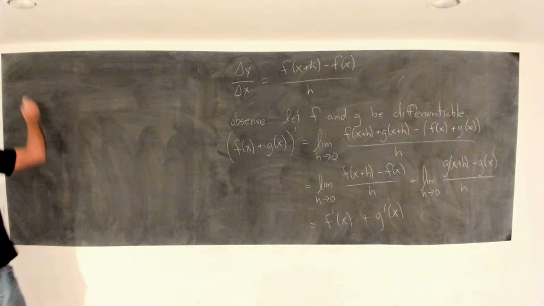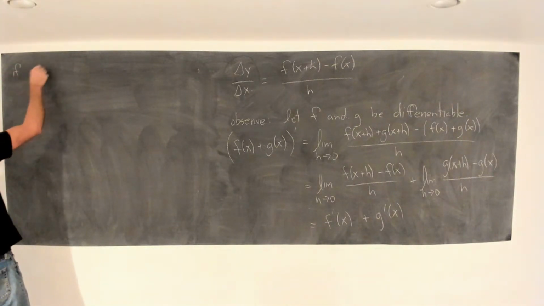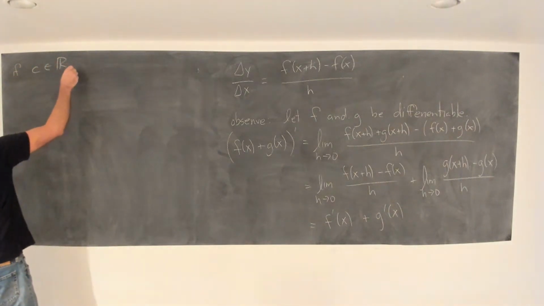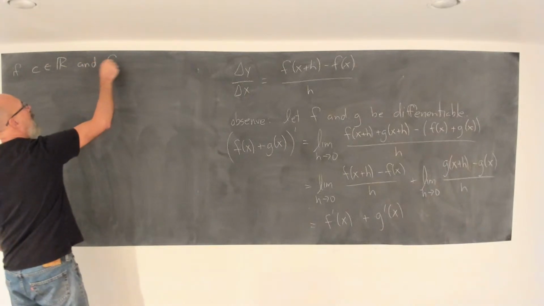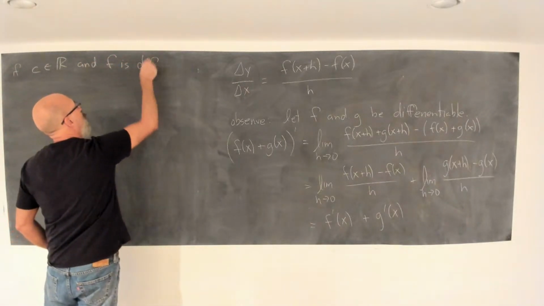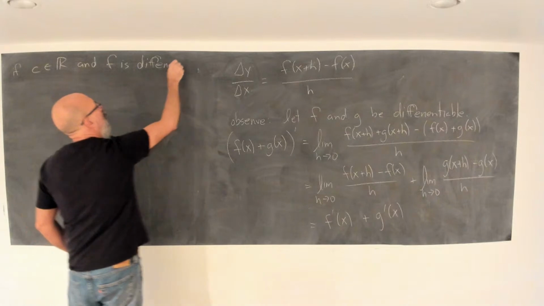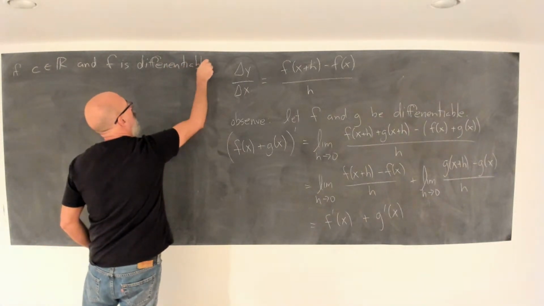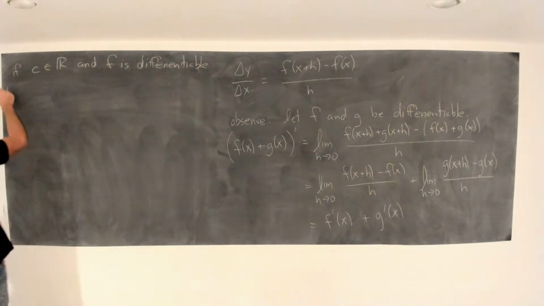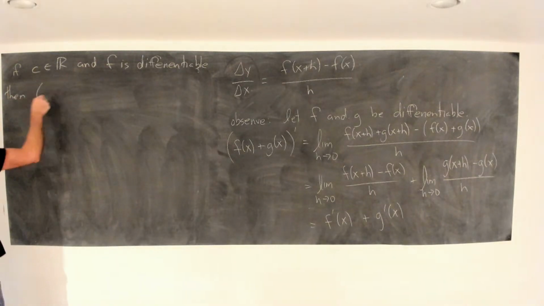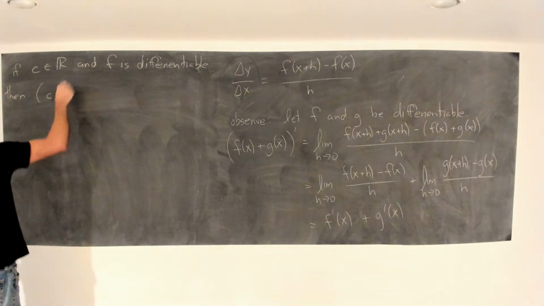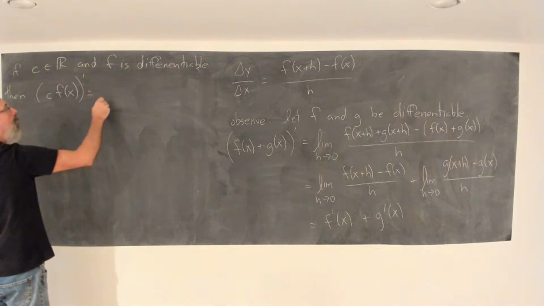Similarly, if c is a real number, and f is differentiable, then the derivative of c times f, what is that?